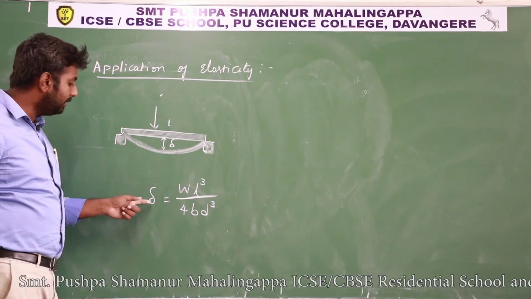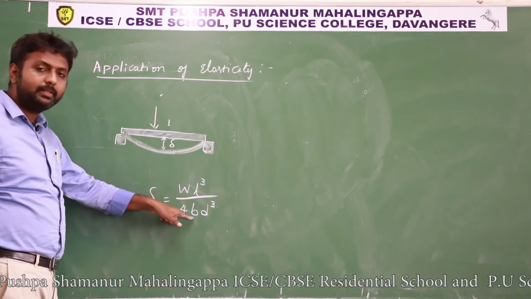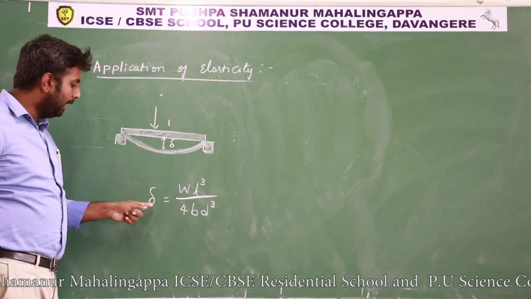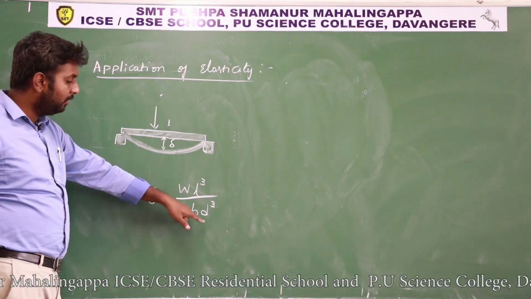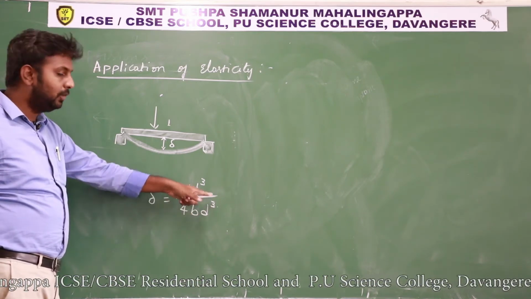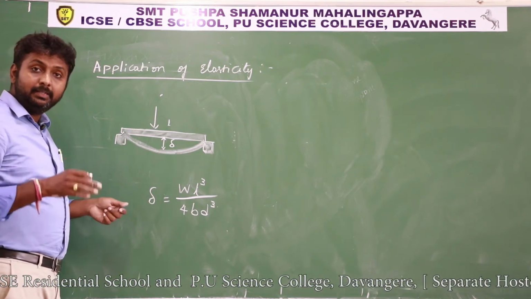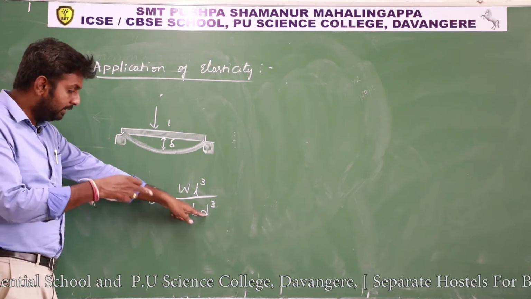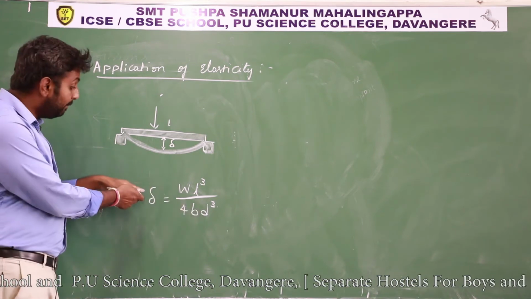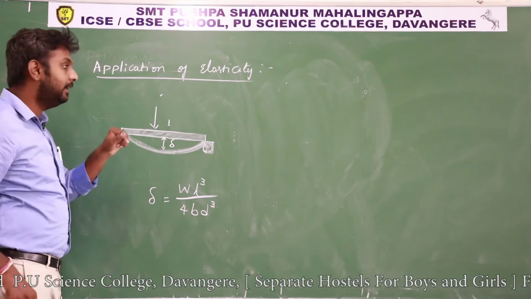We can say the depression is inversely proportional to breadth, and inversely proportional to D cube. That means if the depth value is more, the depression will decrease. If the depth is increased by 2 times, the depression decreases by 8 times.